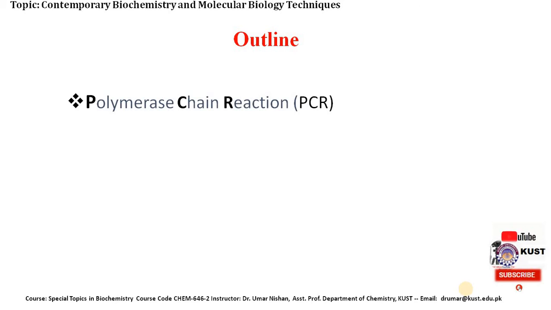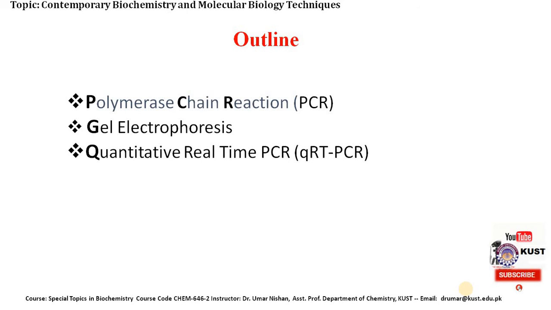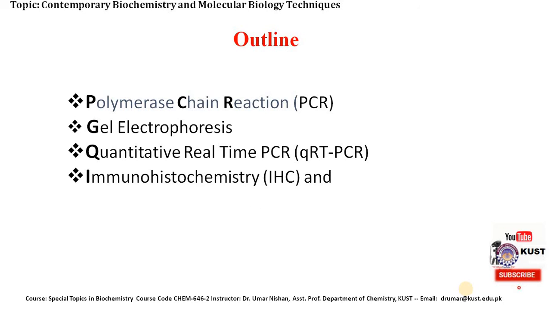The outline of this lecture is polymerase chain reaction. Then we will go and talk about gel electrophoresis. After this we will talk about quantitative real-time PCR or QRT-PCR. This will be followed by immunohistochemistry and immunocytochemistry.